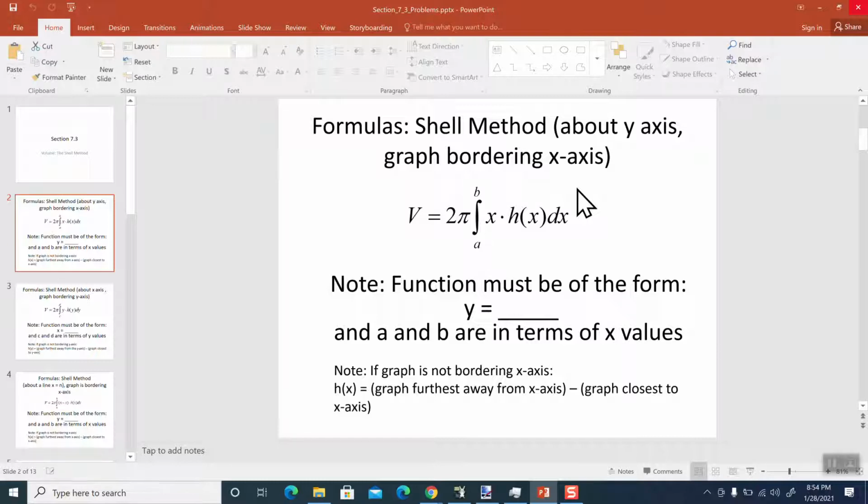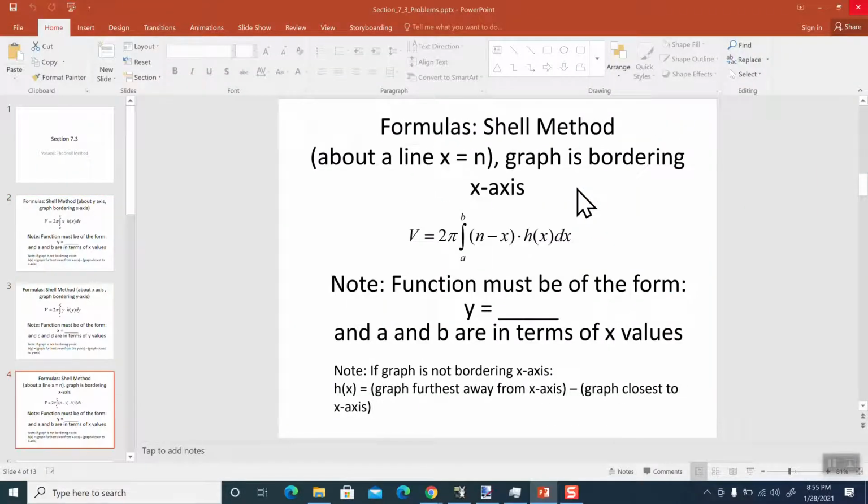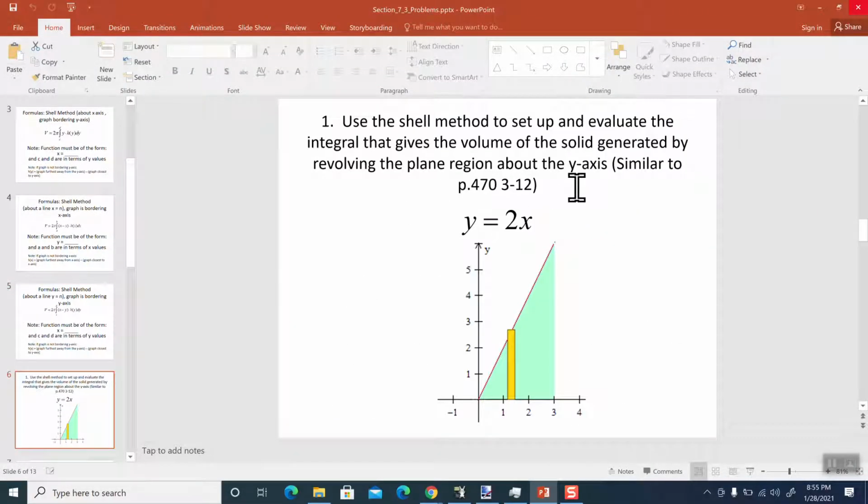Okay, I'll flip back to this. Let you finish writing that down. Okay, about the y-axis. This one's about the y-axis, so let's look at this one.